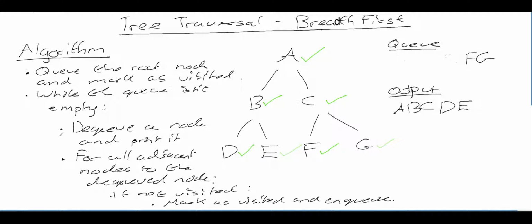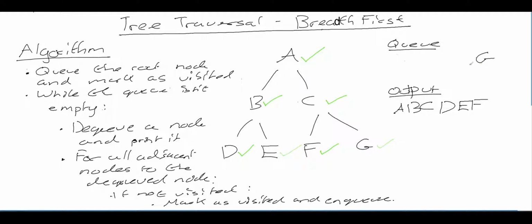We go back to the beginning of our while loop and we dequeue a node and we print it out. So we're going to dequeue F and we print it out. And then finally, there aren't any nodes that are adjacent to F and have not been visited, so we don't need to do anything. We loop back to the beginning of our while loop because the queue still isn't empty. We dequeue a node and we print it out.